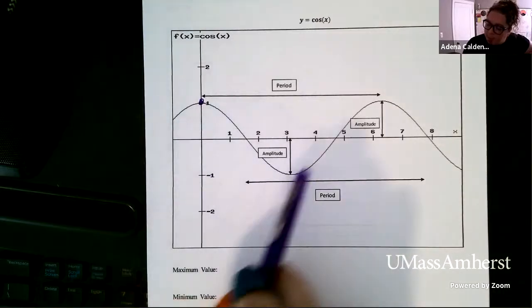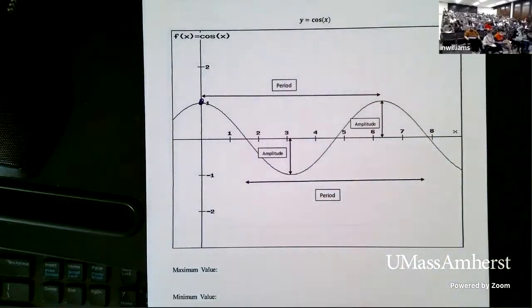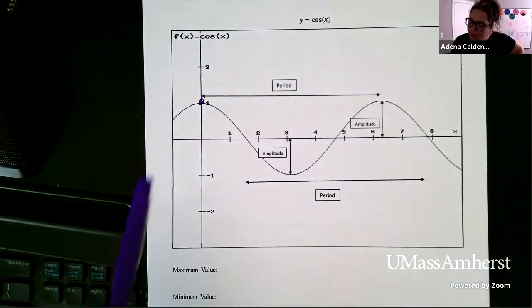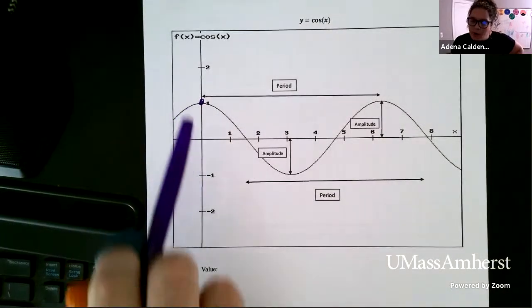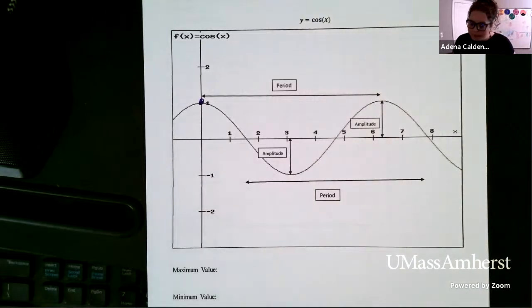So if it's a maximum, you have just cosine. If it's a minimum, you have negative cosine because it's been flipped around. Okay. So again, that's one way that we use to determine if we're talking about sine or cosine when we're trying to create a model.